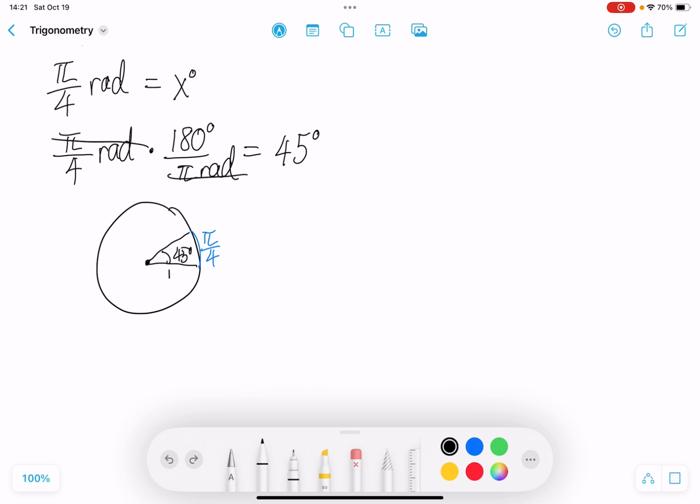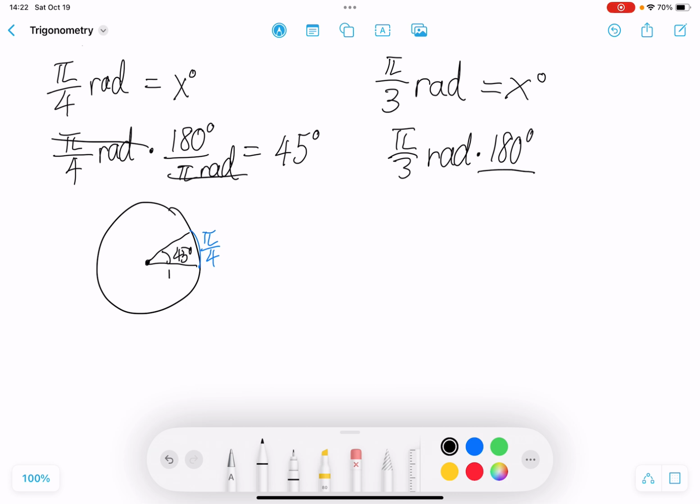Okay, let's try another problem, and then this video will end. Let's say we wanted to try pi over 3 radians equals x degrees. Now just use the conversion factor and we'll have the answer, right? So pi over 3 radians times 180 degrees over pi radians, so the units cancel out, and also the pi's.